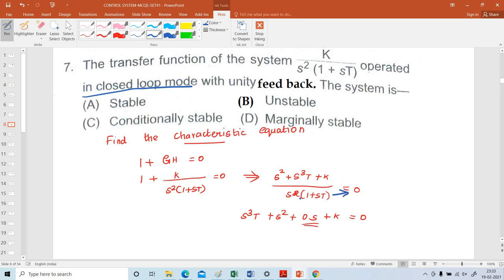By cross multiplying this, the denominator term is completely eliminated and the numerator term is S cube T plus S square. There is no S in K. So this system is an unstable one. So option B is the correct answer.